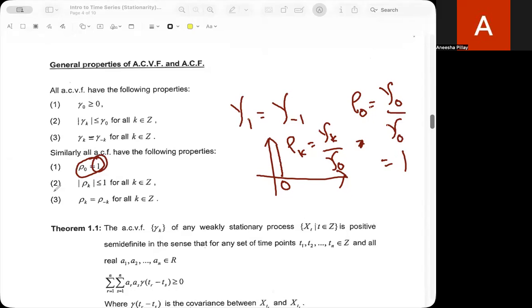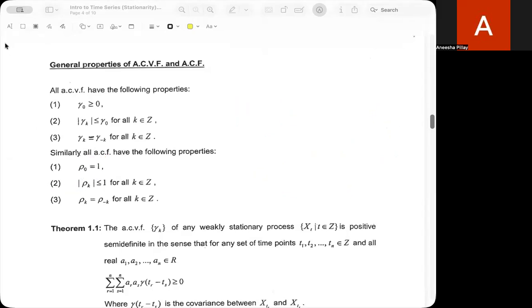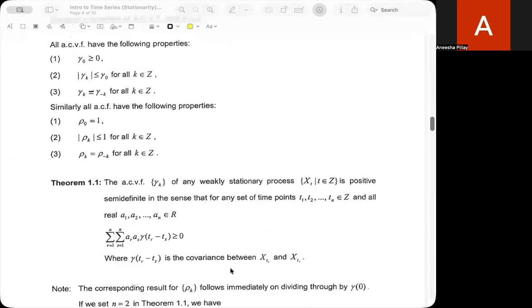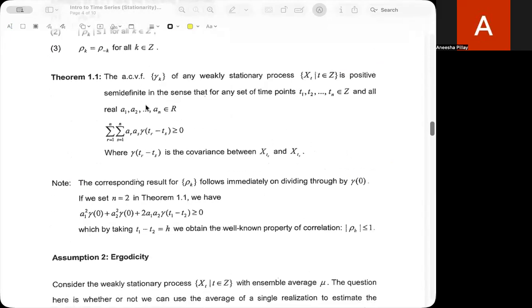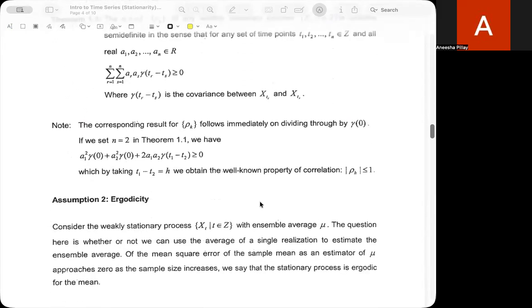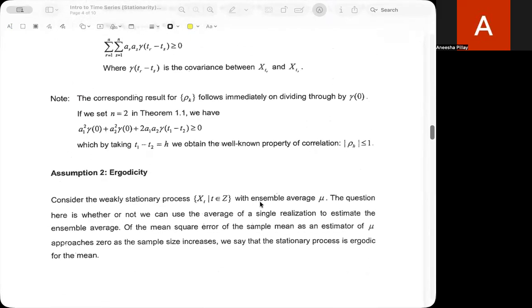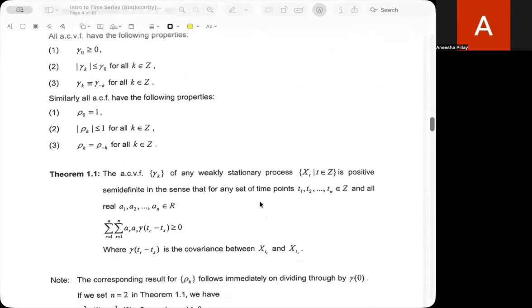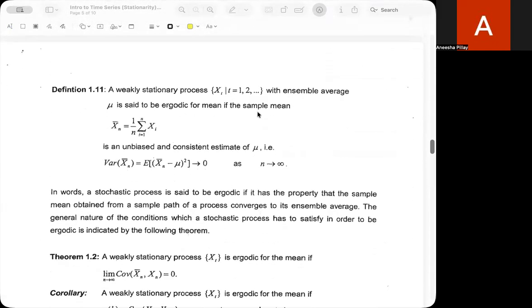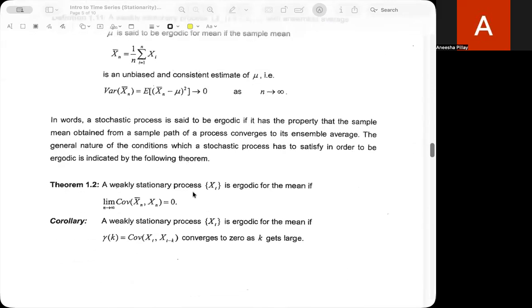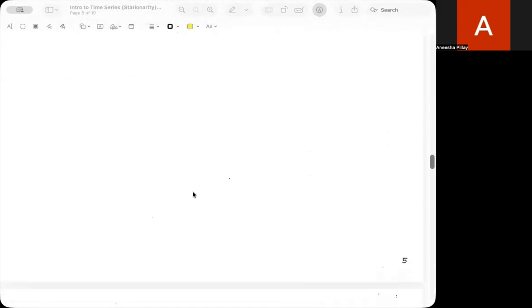Numbers 2 and 3 here are similar to the autocovariance function. I will give you all some time to go through this, but I will get straight into the examples later. Even for the weekly stationarity, you can go through this.